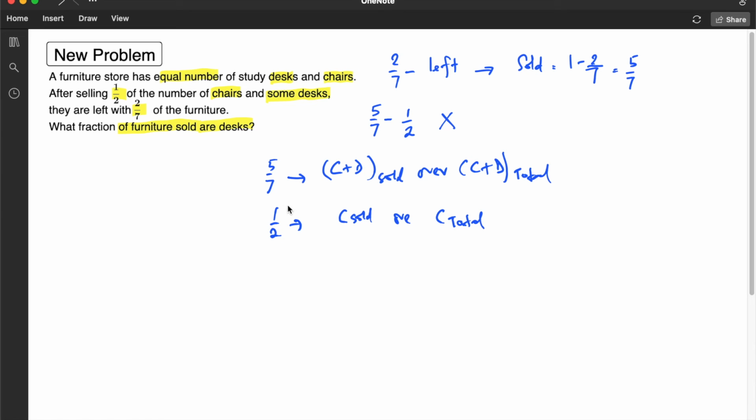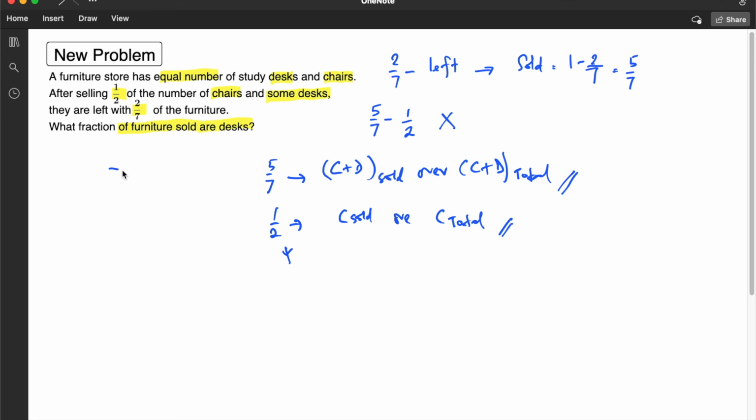So you can see that these two fractions are based on two different things. The first one is a fraction of the total chairs and desks, whereas the second one is a fraction of the total number of chairs only. So we cannot do this operation because it is akin to subtracting two numbers with two different units. So we have to convert this into something similar.